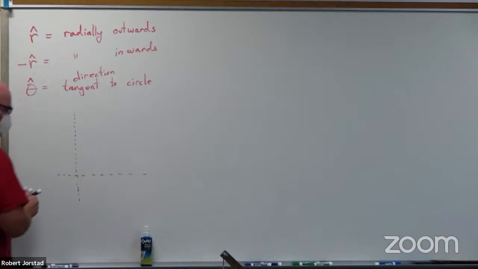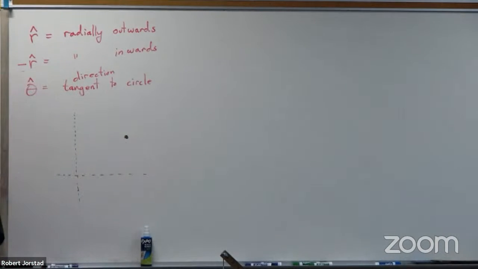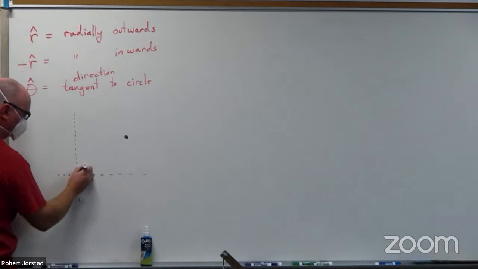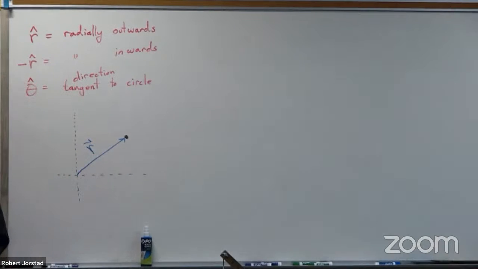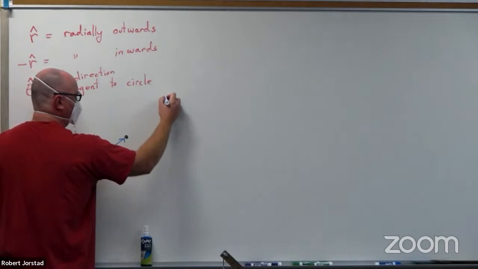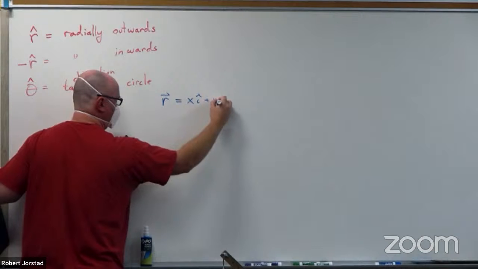All right? If you picked a random spot out here, this would be the r vector. And you know that r vector is equal to x in the i hat plus y in the j hat.